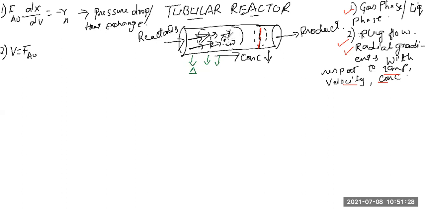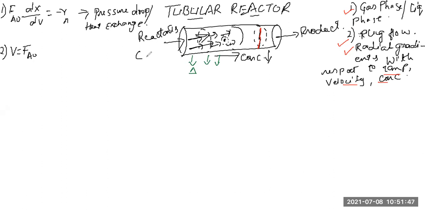How many moles are flowing through this point at any time t is the molar flow rate, and how much volume is flowing through this point at any time t is your volumetric flow rate. So you should be aware of this.